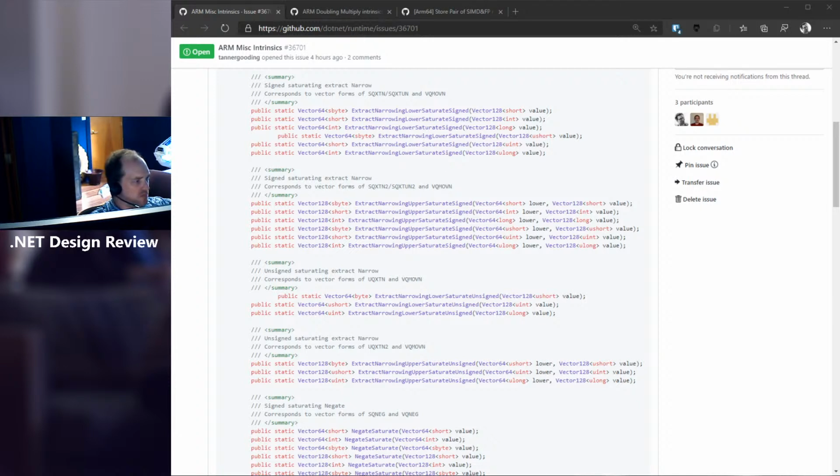Those that take and return the same signedness don't add any suffix. I think it just makes it clearer. For consistency, for the shifting intrinsics whenever you use signed, we probably do it here. We only used unsigned.